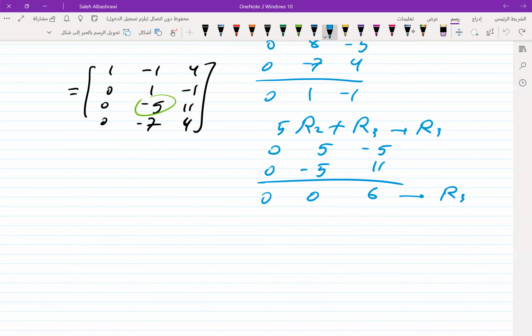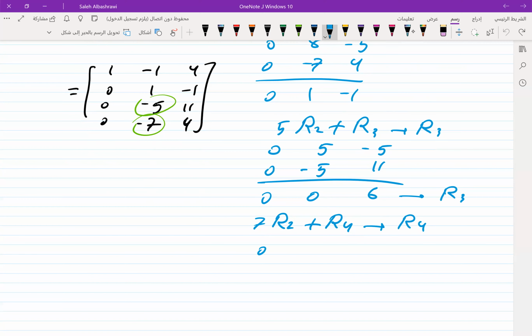Same thing. Make this minus 7 equal to 0. And let's see, can we do it? Multiply the second row by 7, and put it in R4.